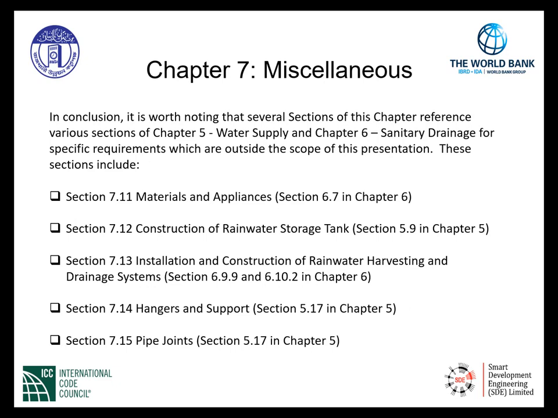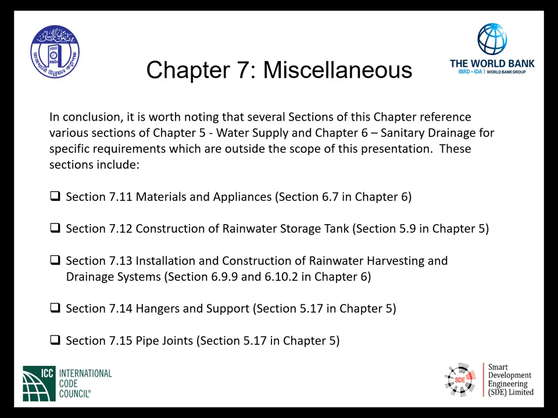Chapter 7, Miscellaneous. In conclusion, it's worth noting for the code user that several sections of this chapter reference various sections of Chapter 5, Water Supply, and Chapter 6, Sanitary Drainage, for specific requirements, which are outside the scope of this presentation. These sections include Section 7.11, Materials and Appliances, which references Section 6.7.